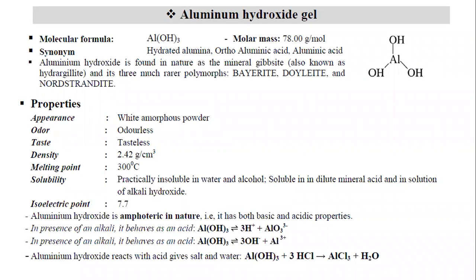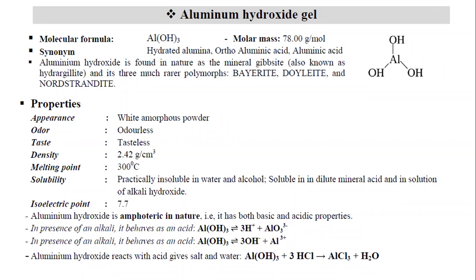The next one is actually given wrong here. In the presence of an acid, it behaves as an alkali. So in the presence of H plus, it will give you OH minus plus Al3 plus. That is what it means. There is just that mistake. I will correct it and send it to you when I send you the PPT.